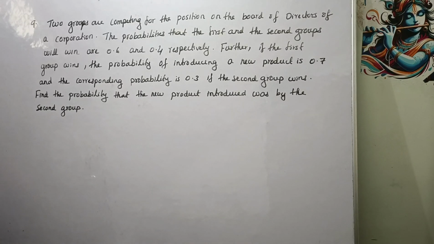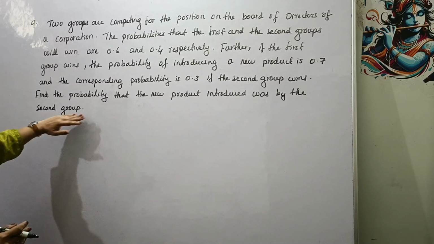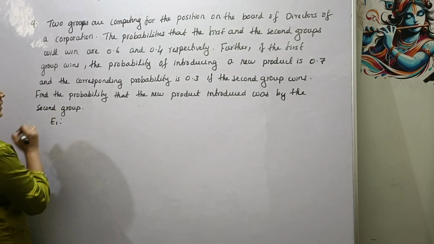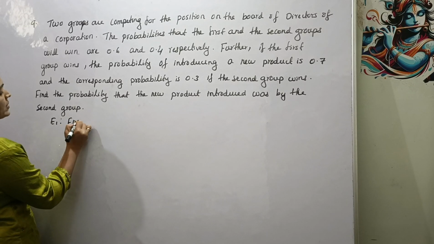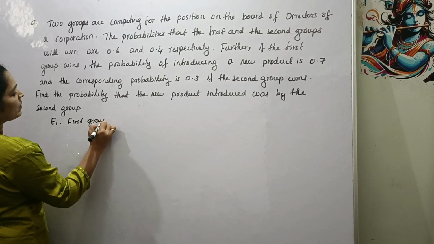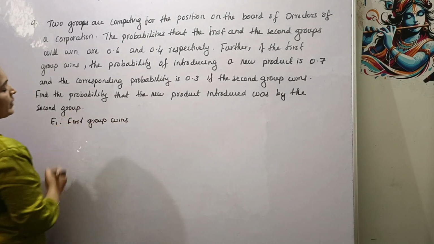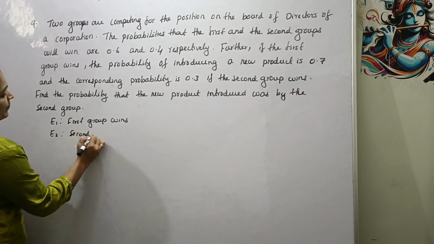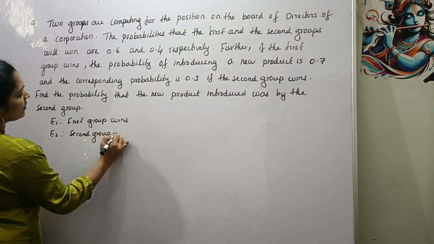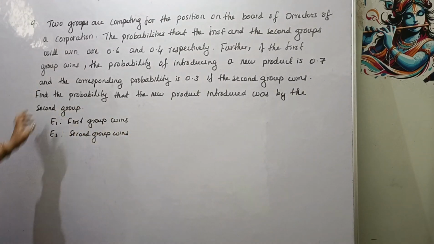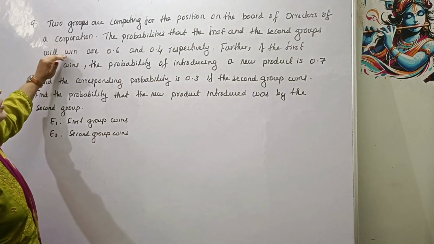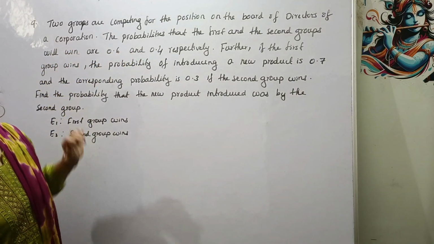So here there are two groups. Let's take first group and second group. Let E1 be the event first group wins, and E2 be the event second group wins. It is given that the probabilities of the first and second groups winning are 0.6 and 0.4.